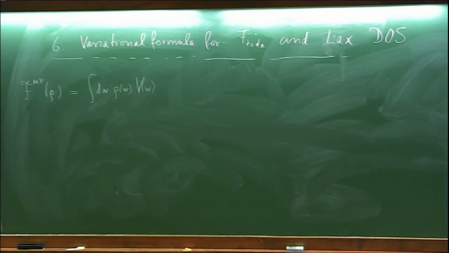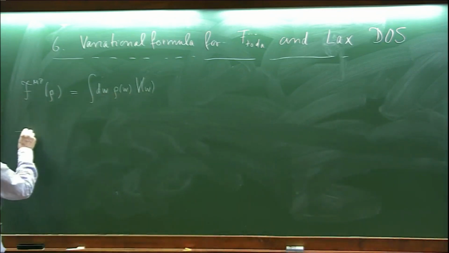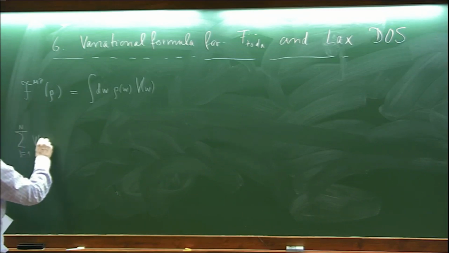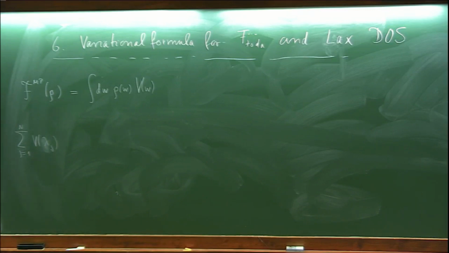In the first term there is a sum; I put it here as a product, but upstairs I have a sum. Maybe I'll write it. This is simply a continuum approximation to the sum j equals 1 up to n of v of lambda j. And if these roots appear with the density rho w, that's what you get.